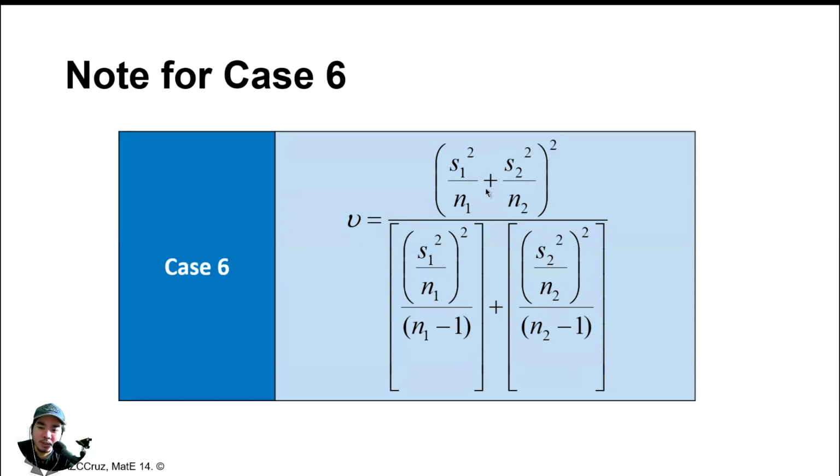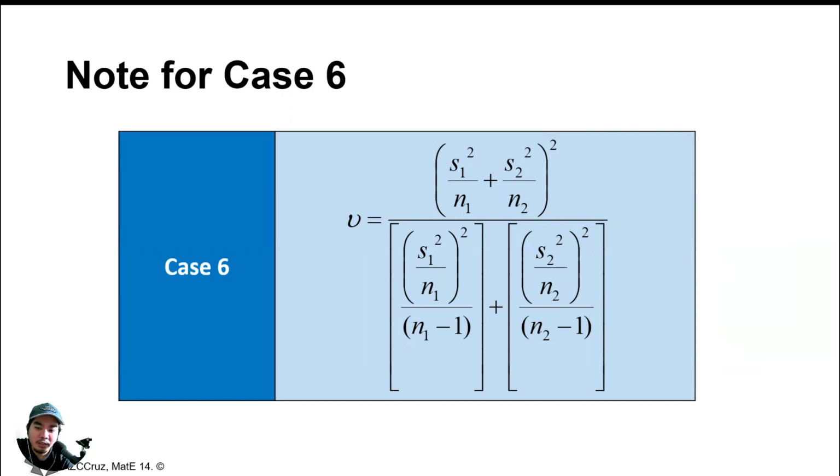The degrees of freedom is equal to S1 or the variance of data set 1 divided by N1 plus variance of data set 2 divided by N2, and all of those values are squared, divided by variance of data set 1 over N1 squared divided by N1 minus 1 plus yung variance ng dataset 2 divided by N2, tapos i-square mo yung buong quantity na yun, divided by N2 minus 1.